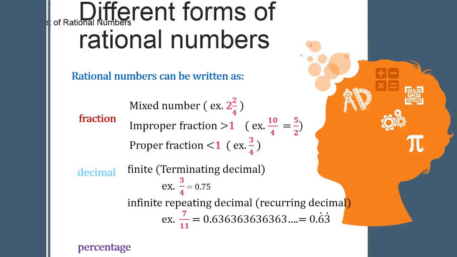So I will write it as 0.63 with dots above both digits, 6 and 3, which means that those two digits will be repeated. The last one will be the percentage, as in the example.